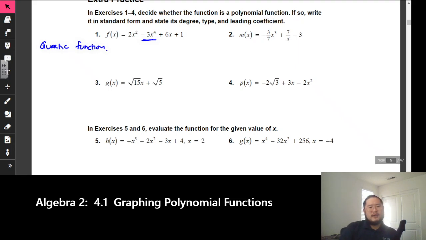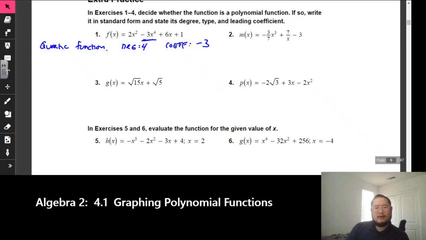Next up, it says if so, write it in standard form and state its degree. The degree right here is the fourth power. And then the leading coefficient is the number in front of that, and it'll be negative 3.